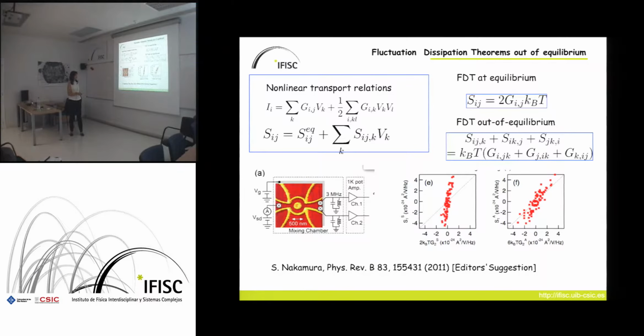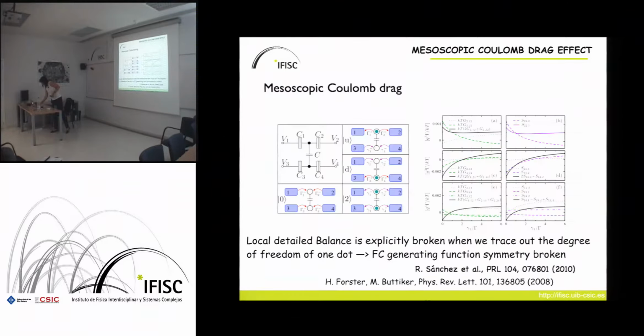This was in the presence of a magnetic field, so they plot the symmetric and the antisymmetric combination of the noise susceptibility. But the important thing here is that experiments have been done in order to confirm this type of nonlinear transport relation in quantum dots.